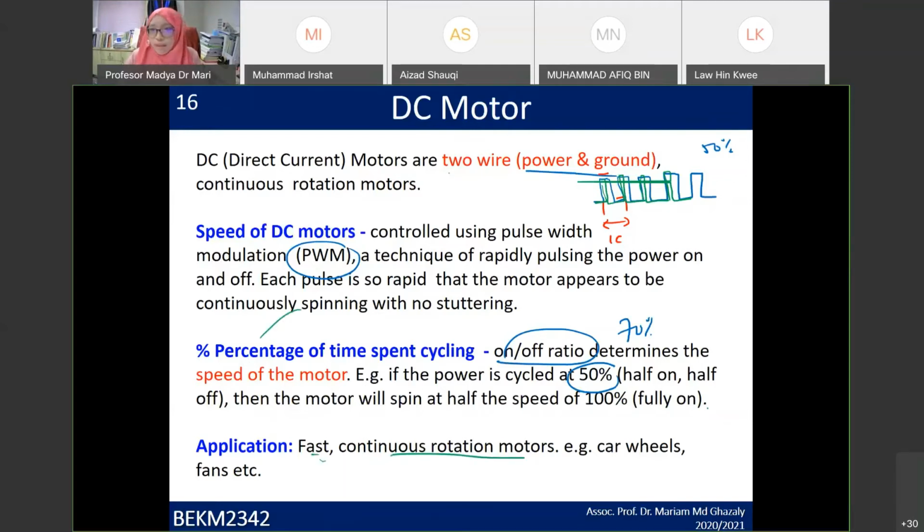For example, if you are designing an autonomous car, you want it to move forward, then you can use this motor. Move backward, then you can use this motor. Or a fan at home: you click on the switch, level 1, 2, 3, and each means a different PWM value inside.